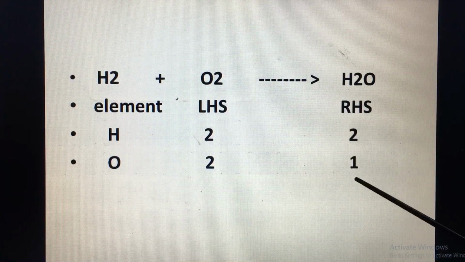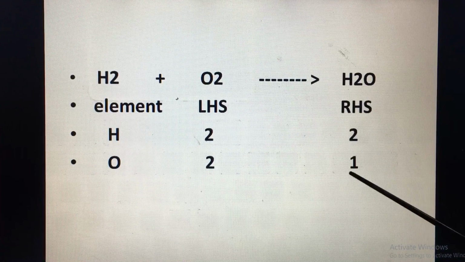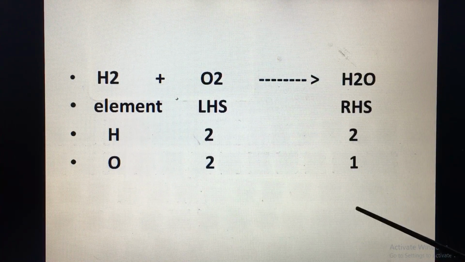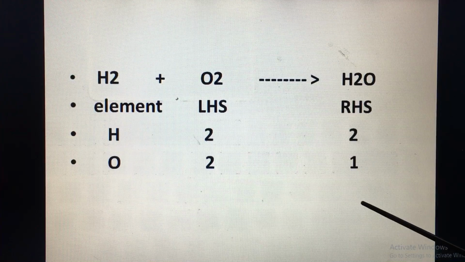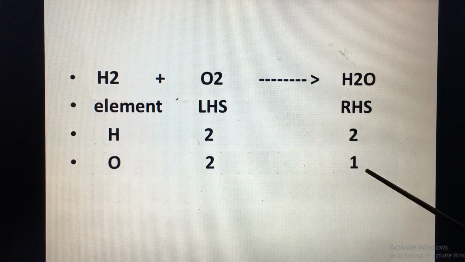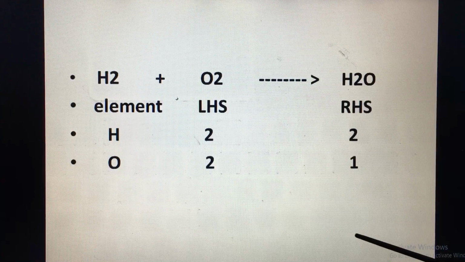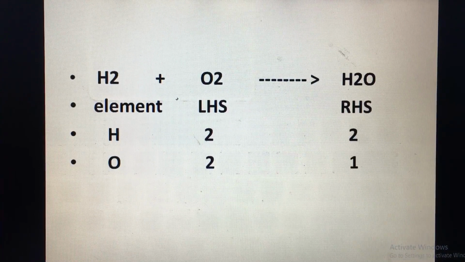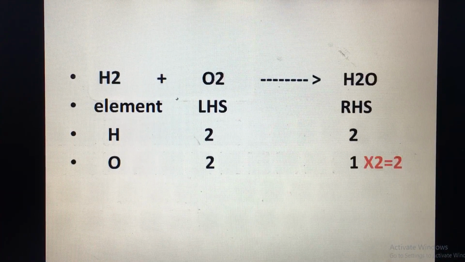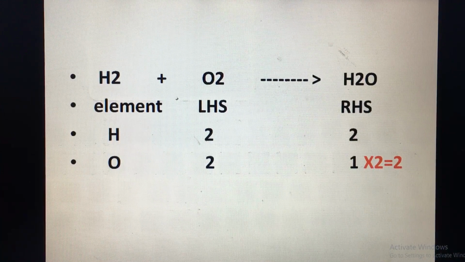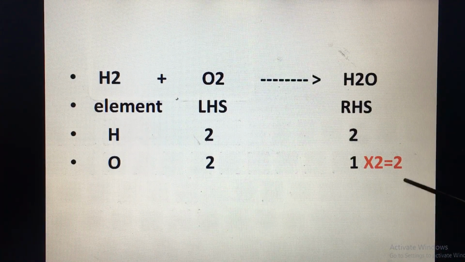We don't worry about the hydrogen now. Next, let's take a look at oxygen. Now oxygen is less on the right hand side. I need to multiply the number of oxygen on the right hand side by 2. This is going to be 2. So oxygen is balanced now.